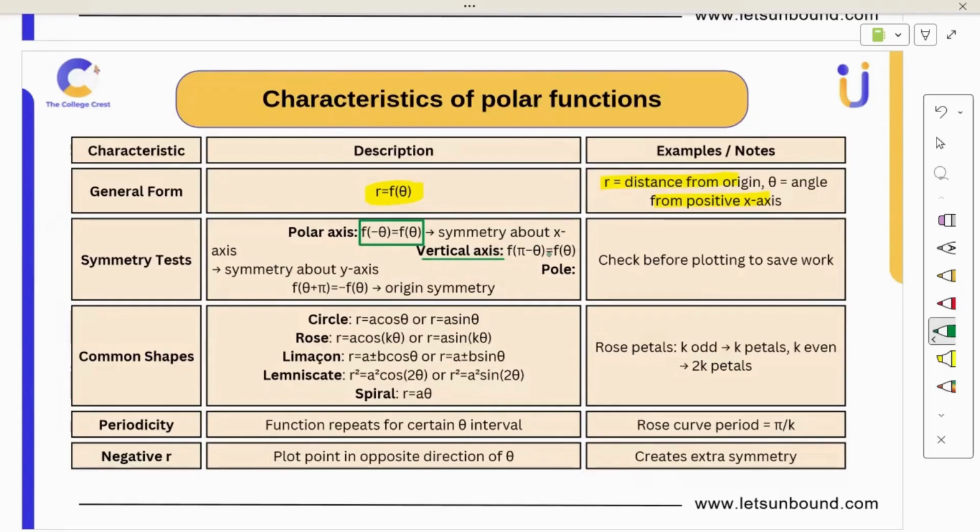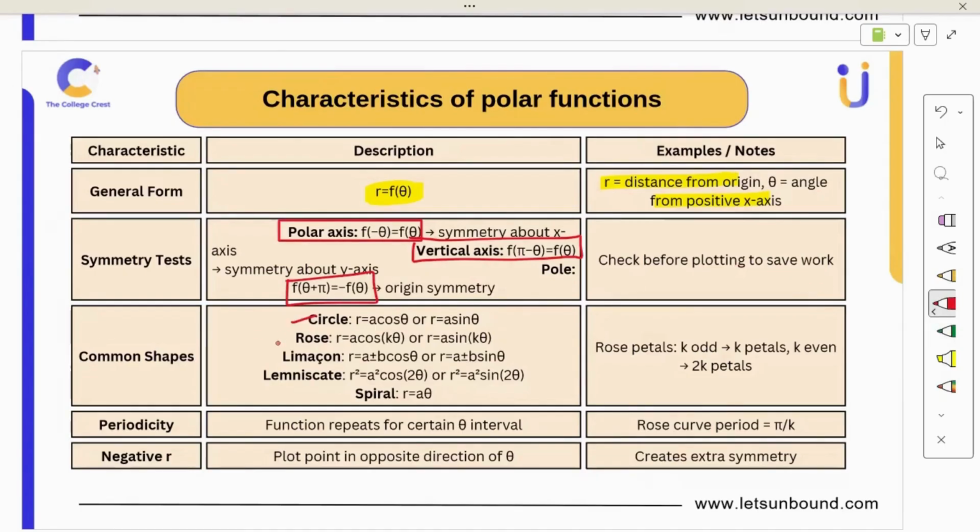Vertical axis: f of pi minus theta equal to f of theta, symmetric about the y-axis. Pole, or origin symmetry: f of theta plus pi equal to minus f of theta. This is origin symmetry. So the conditions for polar axis is this, and vertical axis is this. Pole symmetry is this. Check before plotting to save work.